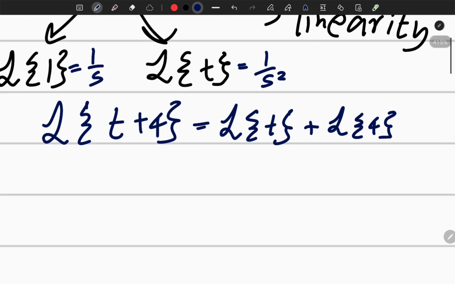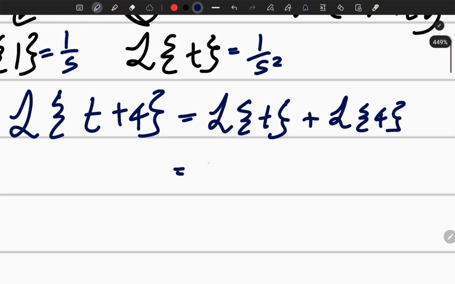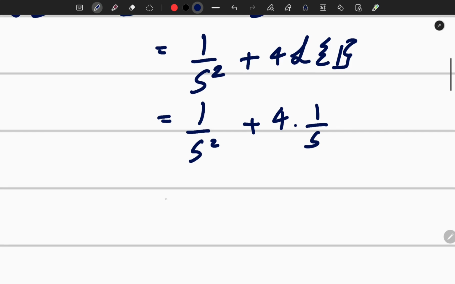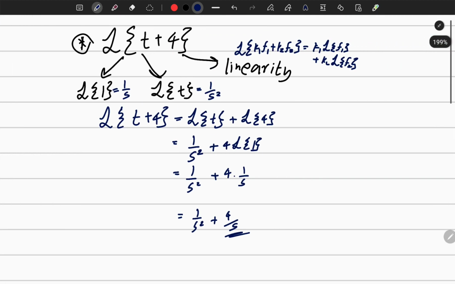The Laplace transformation of t is 1 over s square, plus I can take 4 outside, then the Laplace transformation of 1 is 1 over s. So 1 over s square plus 4 times 1 over s. So the answer is 1 over s square plus 4 over s. This is the answer for this question.